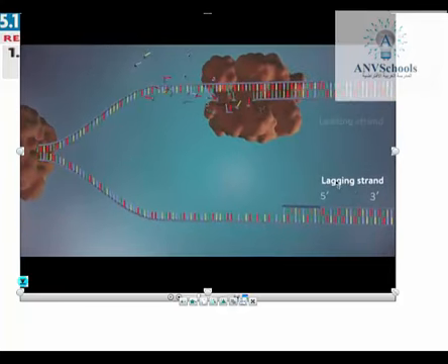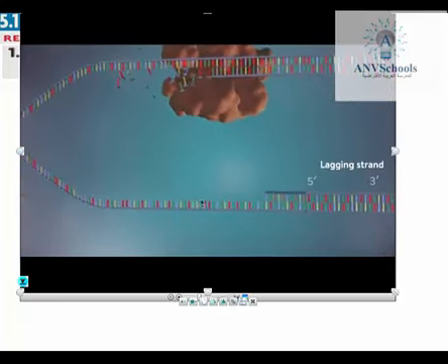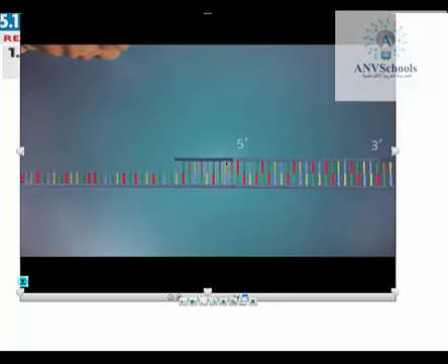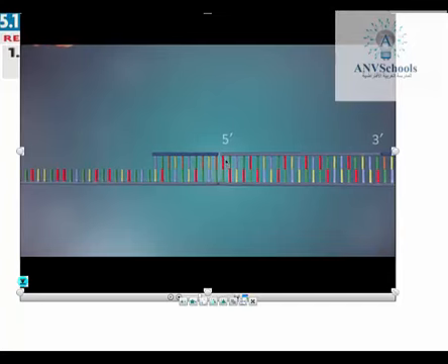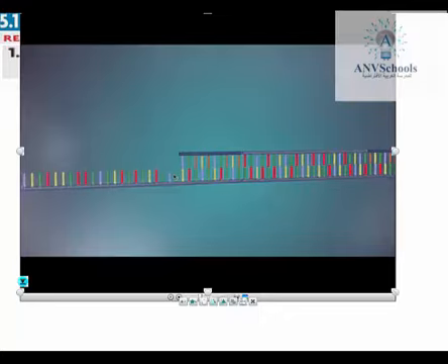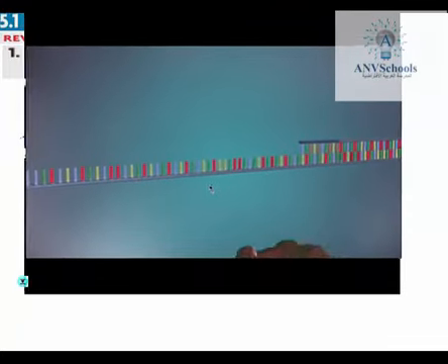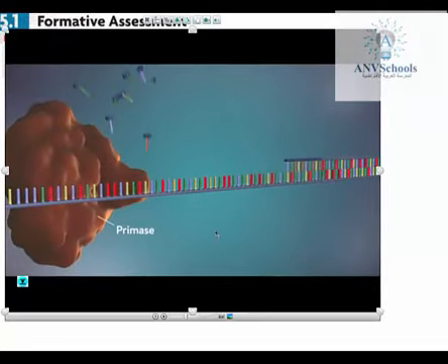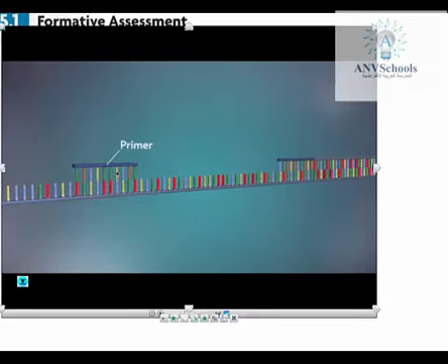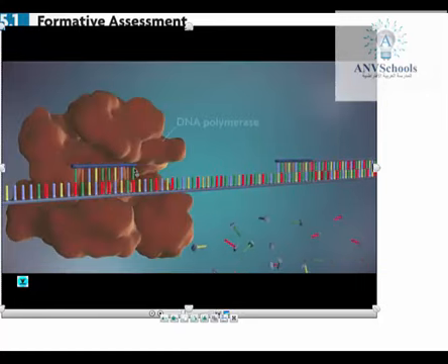But we still have another, the lagging strand, which runs from 3' to 5'. In this case, it will not go the same way, but a fragment will be attached there, what we are calling the primer. So the primer will be attached here to form Okazaki fragments.